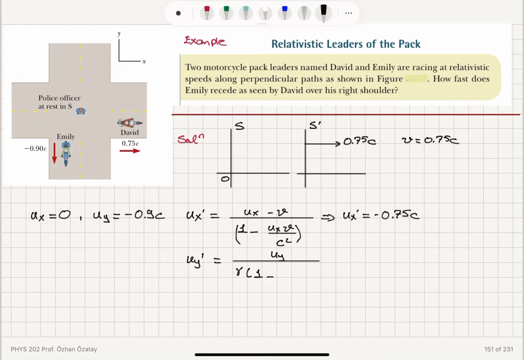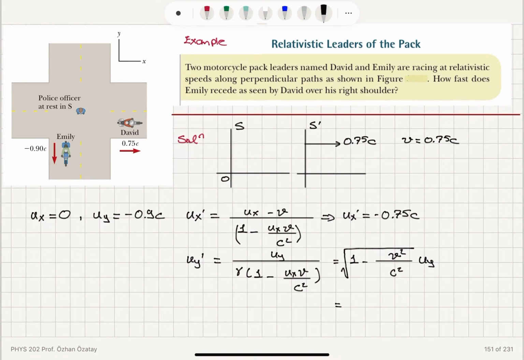Since ux is equal to 0, this becomes uy over gamma, which is the square root of 1 minus v squared over c squared multiplied by uy.